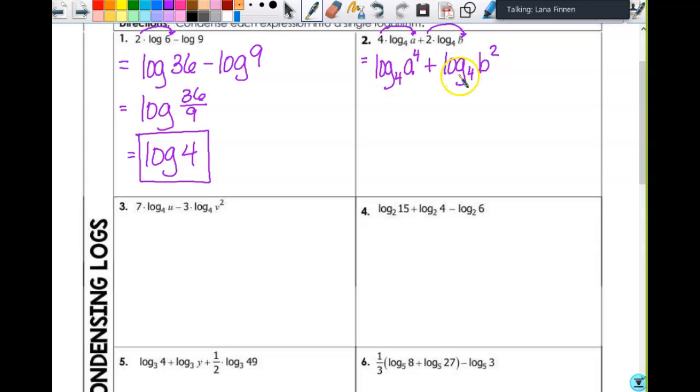You always want to make sure that they actually have the same base, which they do. So then this is log base 4 of a to the 4th b squared. And there's nothing for me to simplify, so this is it. Any questions?